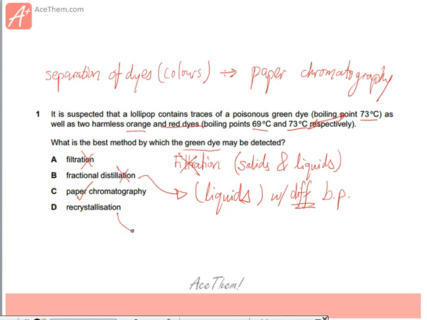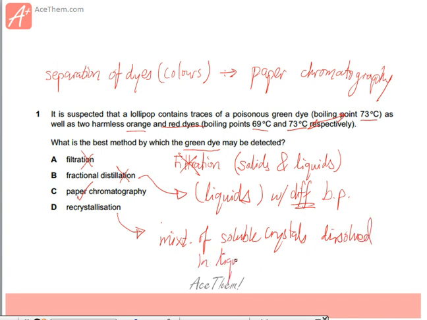And the last is recrystallization. What is recrystallization? We are talking about a mixture, again, of soluble crystals which are dissolved in the liquid, and we want these crystals which have been dissolved to recrystallize out.